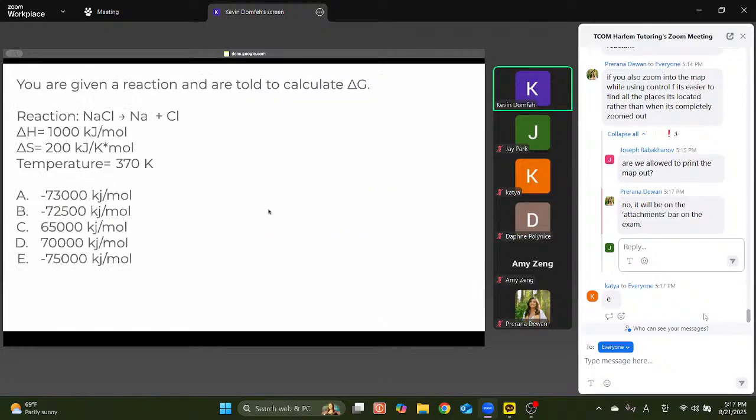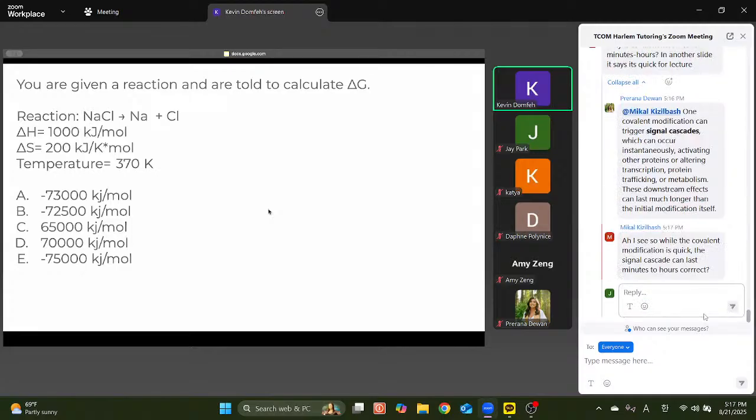You are given a reaction and are told to calculate delta G. The reaction is that sodium chloride is being broken down into its ions, Na and Cl. Delta H is 1000 kilojoules per mole. Delta S is 200 kilojoules per Kelvin times mole.